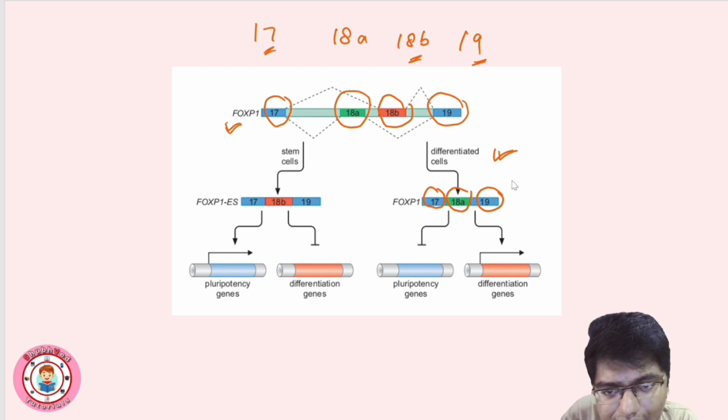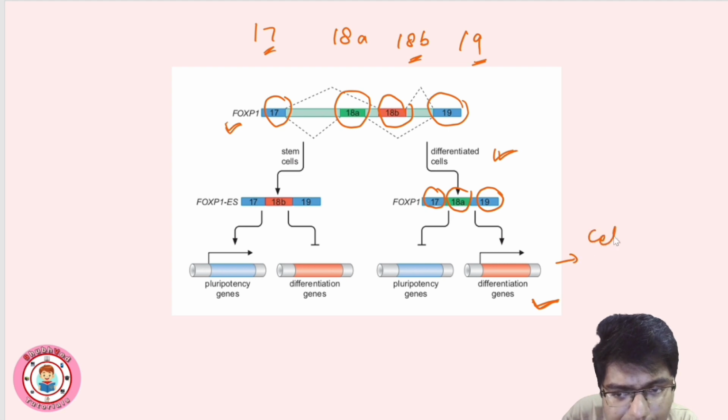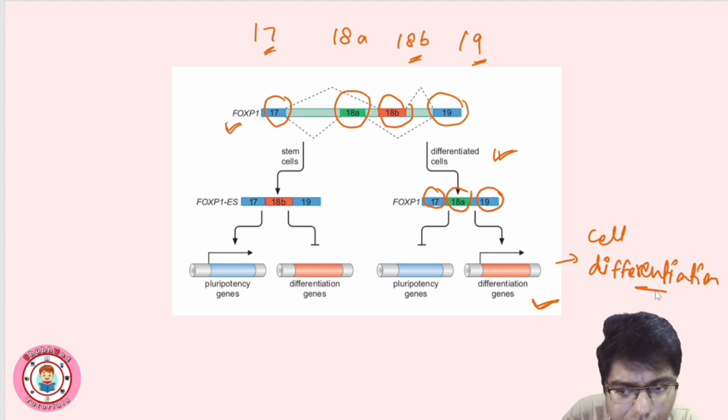Okay, here the cell differentiation will happen. We know this is a stem cell, right?